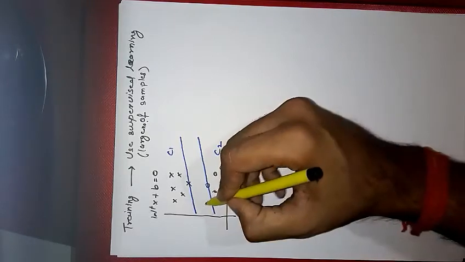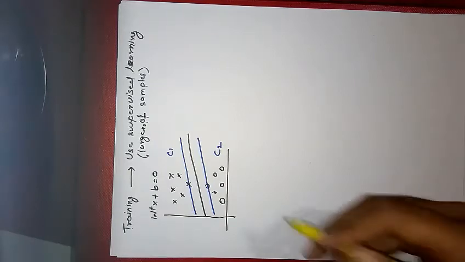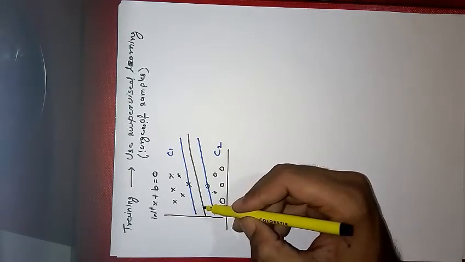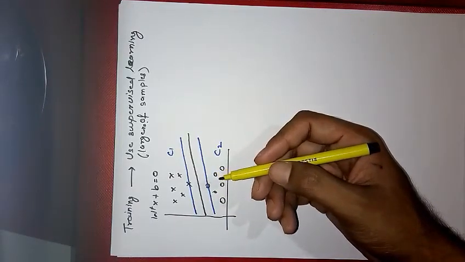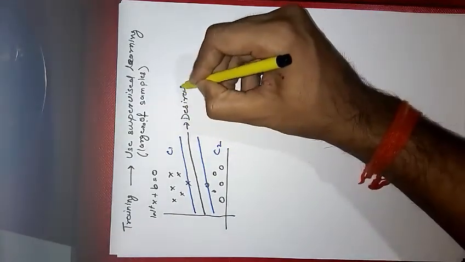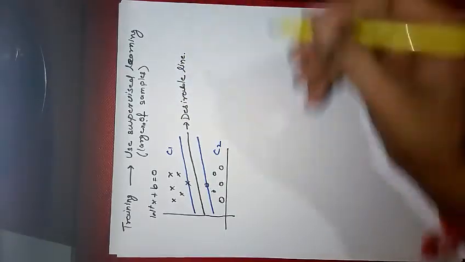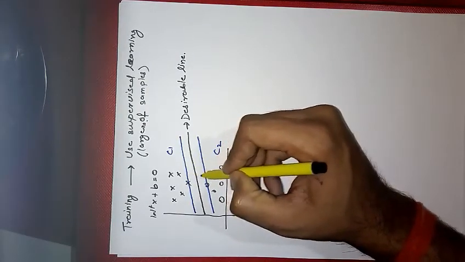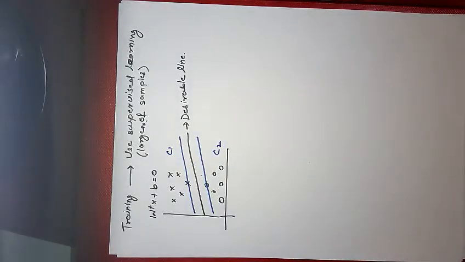So the best separating line in between divides the width of this space equally between the two classes, right? So this is the desirable straight line for classification, and this line is equally apart from class C1 and class C2.